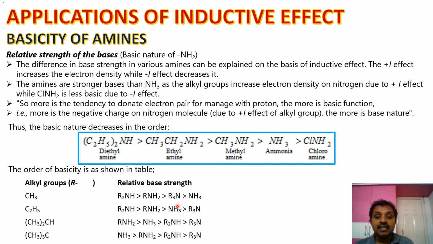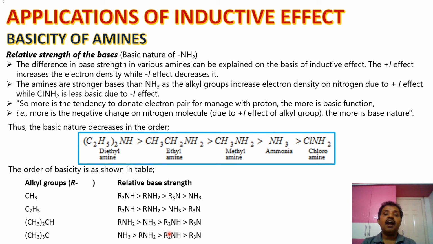The reason is, as the number of alkyl groups increases, steric hindrance comes into existence. Because of the increase in the steric hindrance, the lone pair of electrons present on the nitrogen atom is not easily available to the proton.